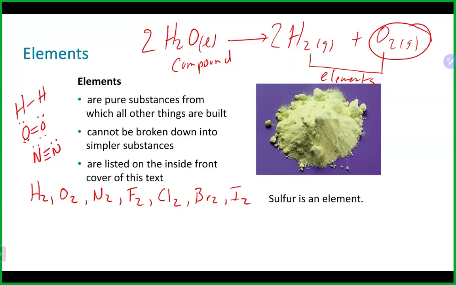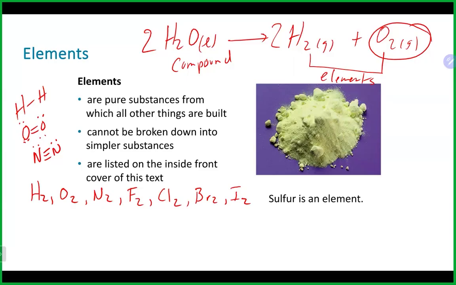Things, as we'll talk about in the next chapter, only really gain charges when they start hooking up, mainly metals and nonmetals. When they come together, that's when they really start to form charges. If you had, for example, a piece of copper metal, it doesn't have a charge. It's neutral. So anything you pull from the periodic table is essentially neutral, unless obviously it reacts with something else that could give it a charge. Any questions on that there?